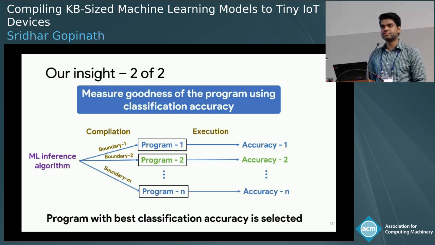Each of these programs is then evaluated on the training data set, and then their classification accuracies are recorded. The program with the best classification accuracy is chosen and then reported back to the user. So this is the approach that we use to improve precision of the generated fixed point code, and as I'll show in the experiments, this works really well.